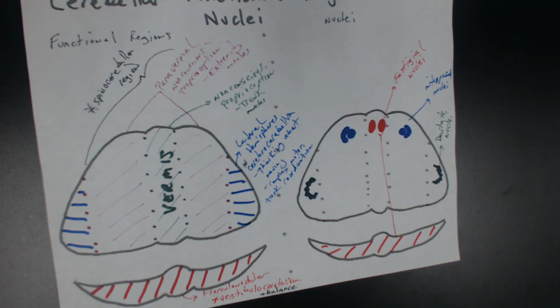The cerebrocerebellar region is located in the lateral hemispheres of the cerebellum. The cerebrocerebellum is also a pathway that we're going to talk about that connects to that region of the cerebellum. Right now we're just doing the great big overview stuff. Any other questions?